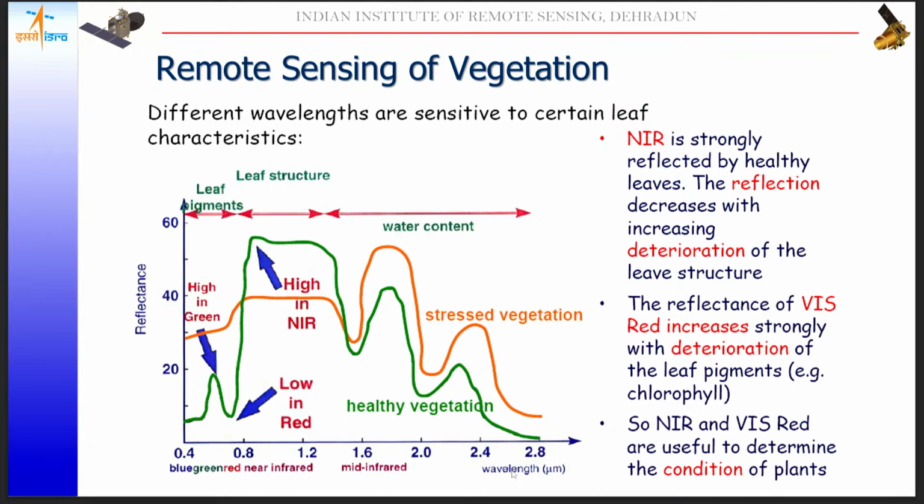Like the very famous index NDVI, the normalized difference vegetation index, which is used as a proxy of crop vigor. NDVI has a range of -1 to +1. If the value is on the positive side, near +1, that defines healthy vegetation, and if the value is close to 0, or in decimals 0.2 or 0.3, it is a situation which defines stressed vegetation based on the time stage of the crop.